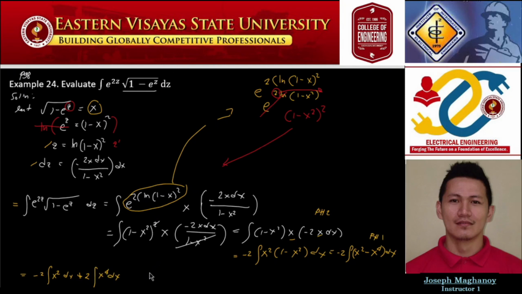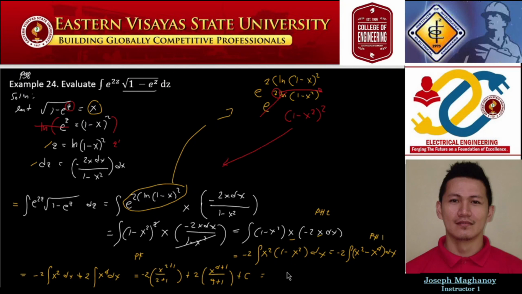So you can apply your power formula here. If you apply your power formula, the remaining is negative 2 quantity x to the 2 plus 1 over 2 plus 1, plus 2 quantity x to the 4 plus 1 over 4 plus 1, plus c, of course.